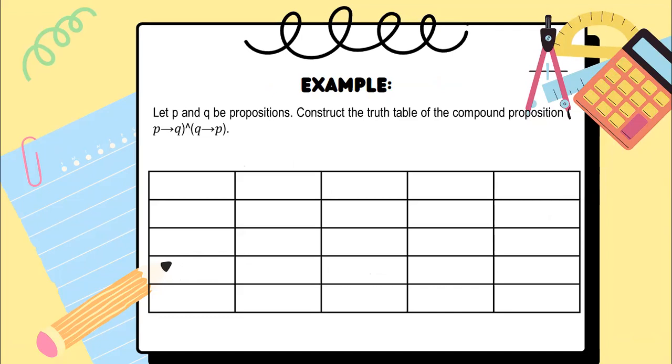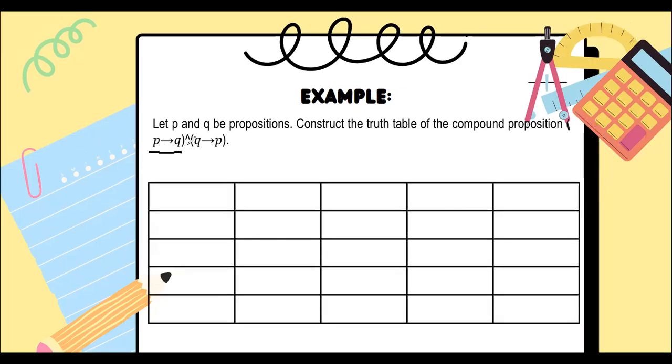Okay, so here, if we analyze this given, we have two groups. The first group is the one inside the first grouping symbol, separated by this symbol, our and, or conjunction. Then the second group is this one.